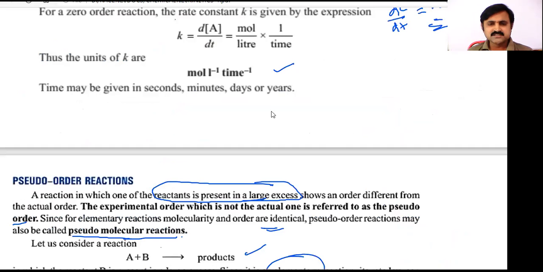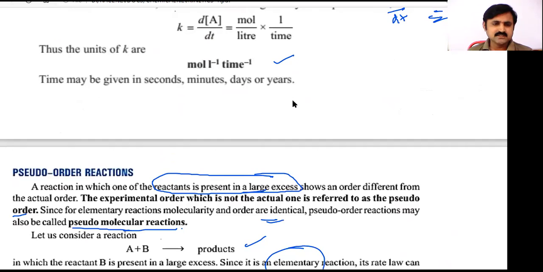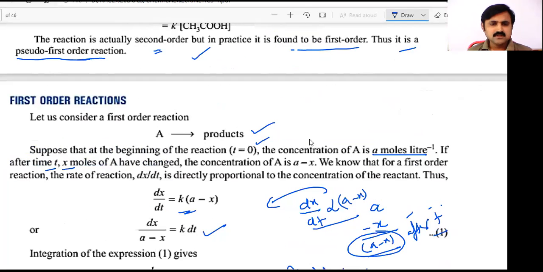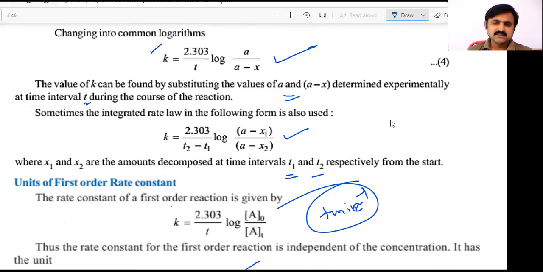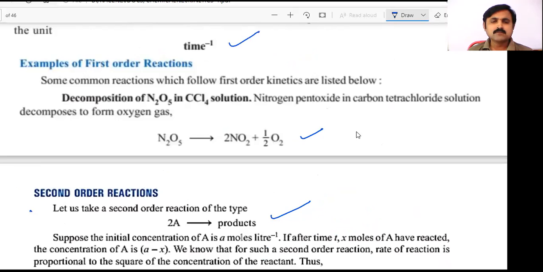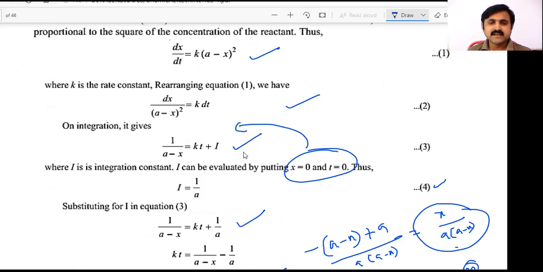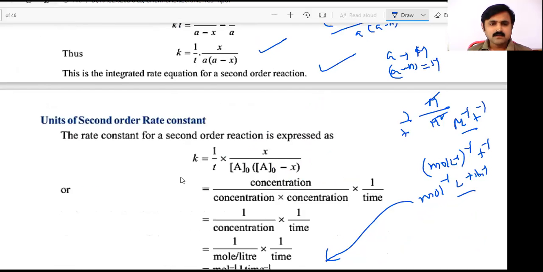Zero order rate constant units also discussed, pseudo first order reaction, and first order reaction rate constant derivation, the most important question for all final board examinations for secondary students, and after that units for the first order rate constant. Second order we have also discussed for the next level, high level, and second order units also given.